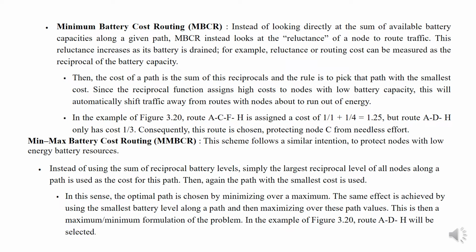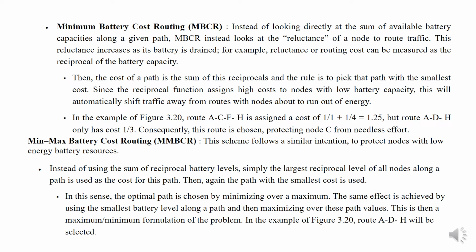Then the cost of the path is the sum of these reciprocals, and the rule is to pick the path with the smallest cost. Since the reciprocal function assigns high cost to nodes with low battery capacity, this will automatically shift traffic away from routes with nodes about to run out of energy.